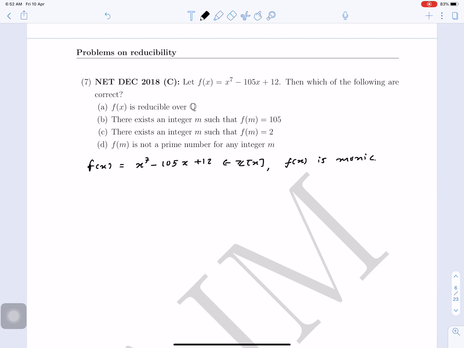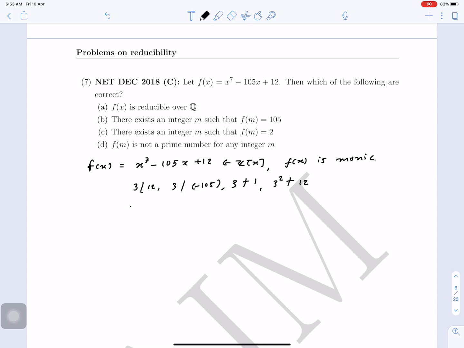So the first option says that f(x) is reducible over Q. Clearly here 3 divides 12, 3 divides minus 105, and 3 does not divide 1, and here 12 is the constant term, minus 105 is the coefficient of x, and 1 is the leading coefficient, and 3 square does not divide 12.